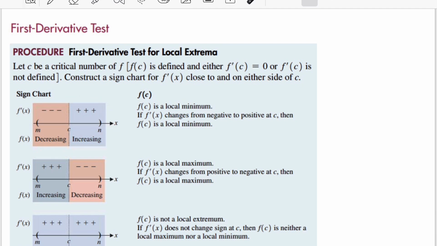If we have the case where our derivative goes from negative to positive, and this change occurs at our critical number c, what this means is our function is going to go from decreasing to increasing at this point, then this tells us that f of c is going to be a local minimum. So our function is going to go from decreasing, and then at this point c here is increasing. Okay, so this is when a local minimum would occur.